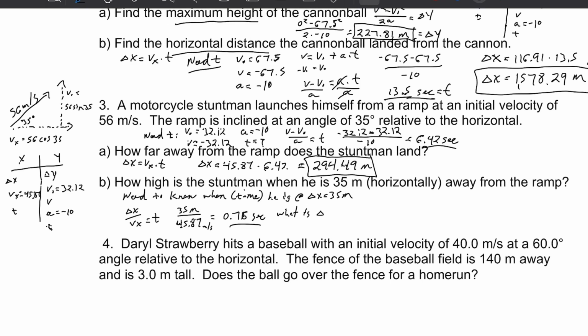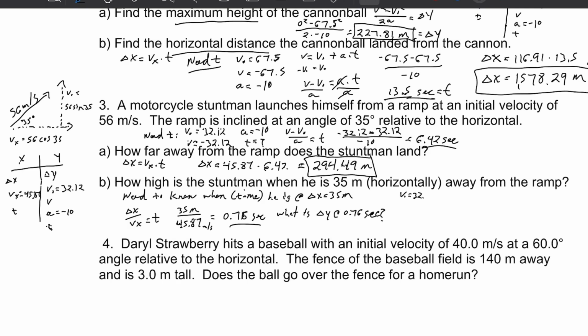And now we're asking ourselves, what is our vertical displacement? What is our delta y at that time point? If we know the initial vertical velocity is 32.12, we know the time is 0.76, we know the acceleration is negative 10, what is the delta y?